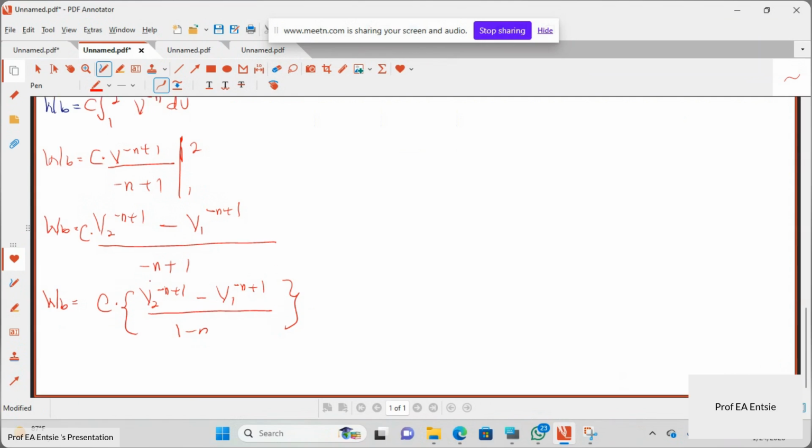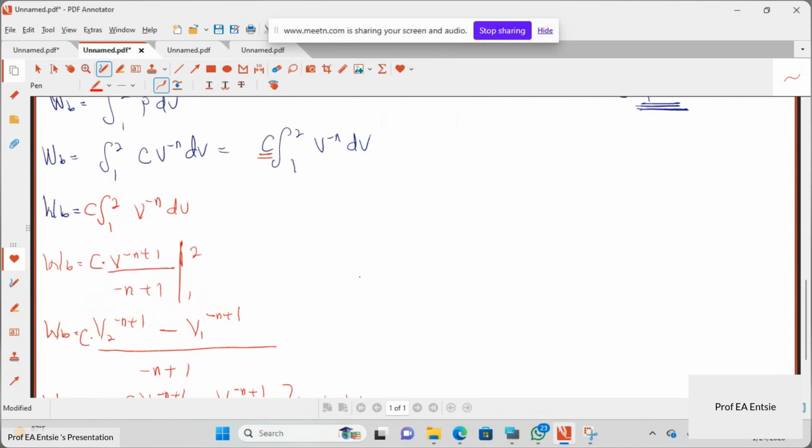So this is the expression we have for boundary work done in a polytropic process, where n should not be equal to 1, because immediately n is equal to 1, this will change to isothermal gas compression.